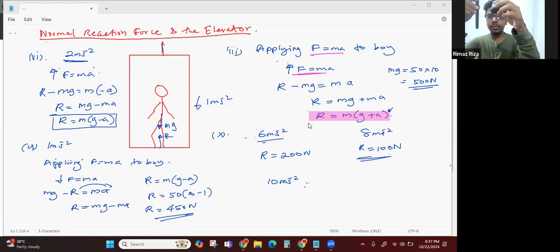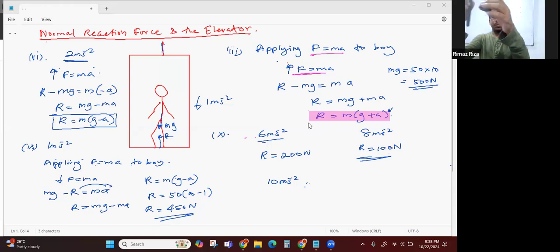So what happens is both will fall under the gravitational acceleration. Okay, so here both will fall.